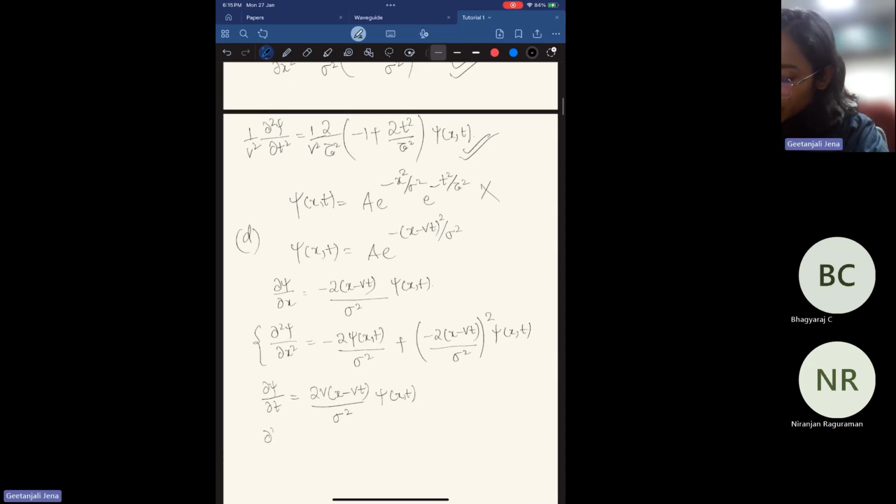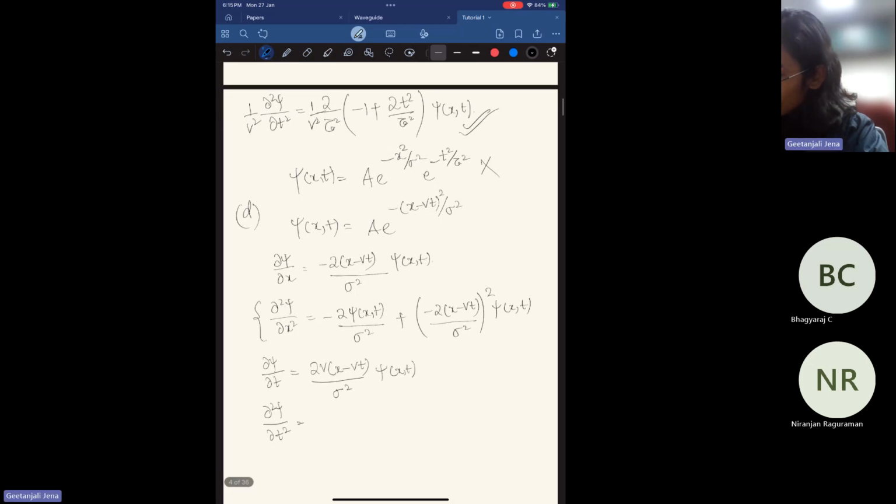And if you take the double derivative, it will be like minus 2v square by sigma square psi of x,t plus 2v x minus vt by sigma square whole square psi of x,t.